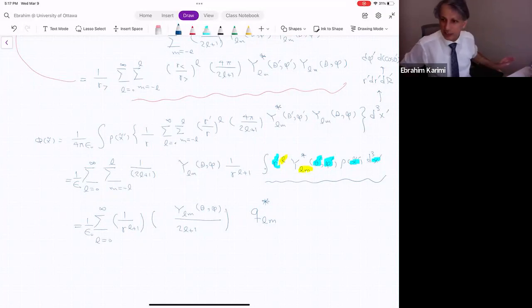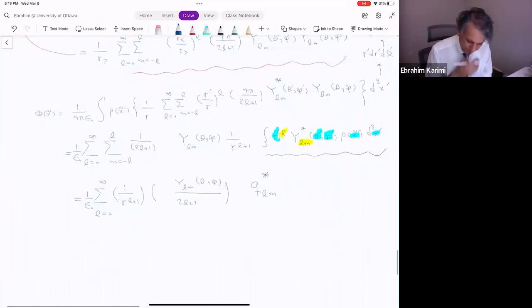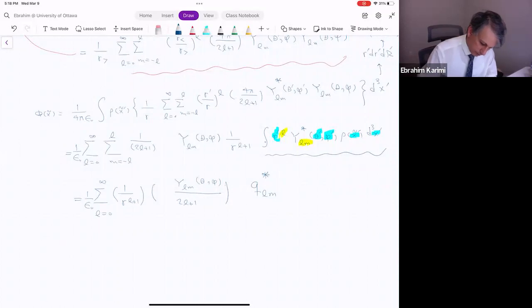That's one reason that I love CGS units, because electric field and magnetic field are the same, and there is no 1 divided by epsilon naught or mu naught in the mathematics. Okay, so that's the expression that we receive. So far, so good?